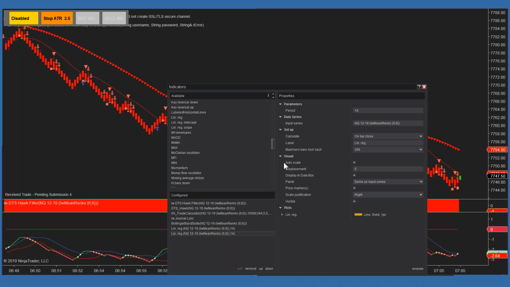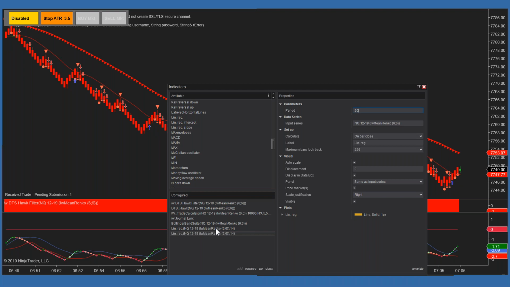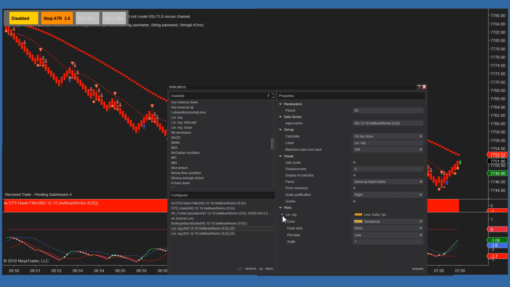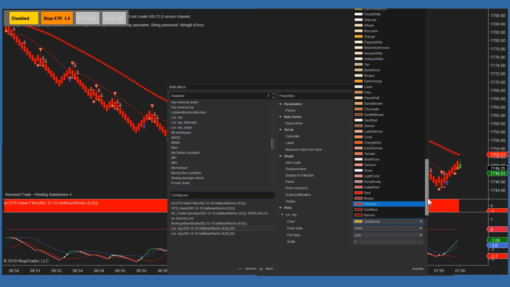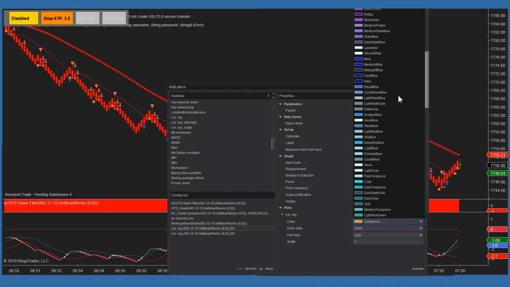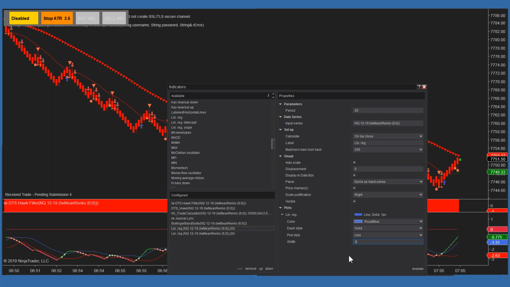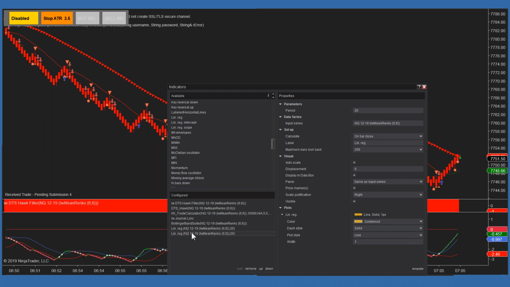And we'll make both of them 20. And let's make one of them blue. And we'll make the other one the raptor colors.